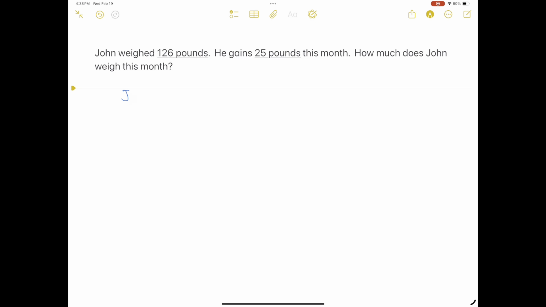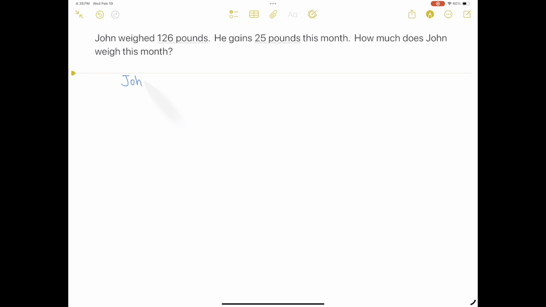John weighed 126 pounds. He gains 25 pounds this month. How much does John weigh this month? So I write down the facts of the problem. John is at 126 pounds, and he gains 25 pounds, which means he adds 25 pounds.